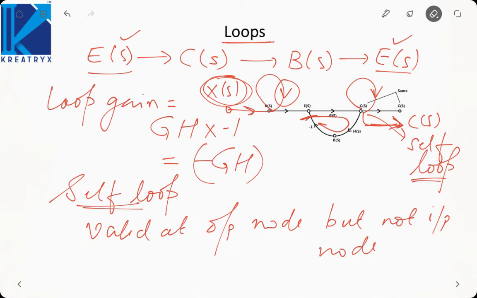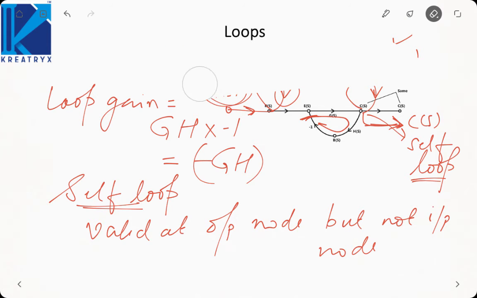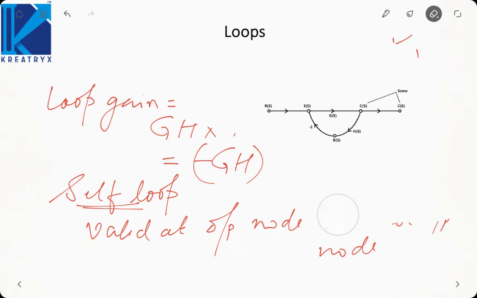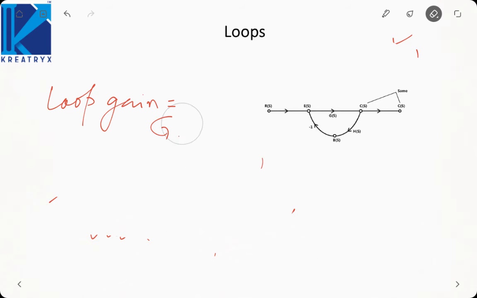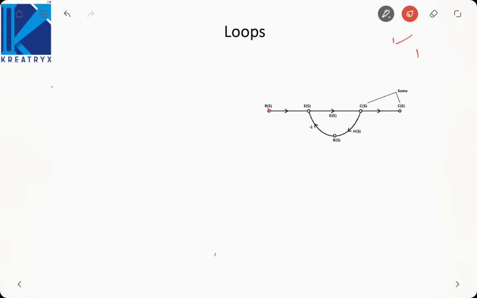Let me show you why X and R(S) are different variables. Suppose I define a self loop here, and let me say the gain is minus H2. Here I am taking X. The equation of R(S) would be the sum of incoming signals.